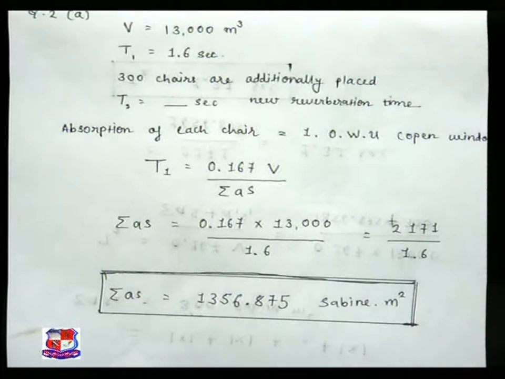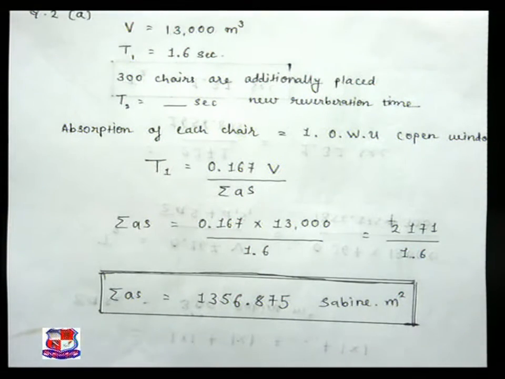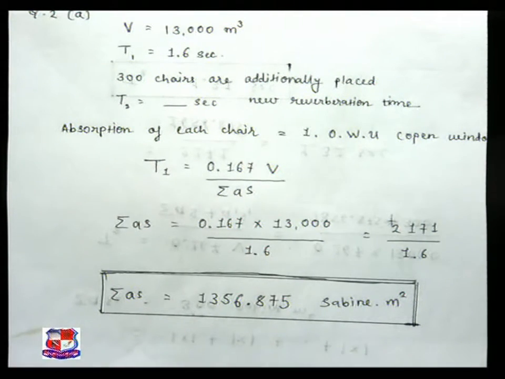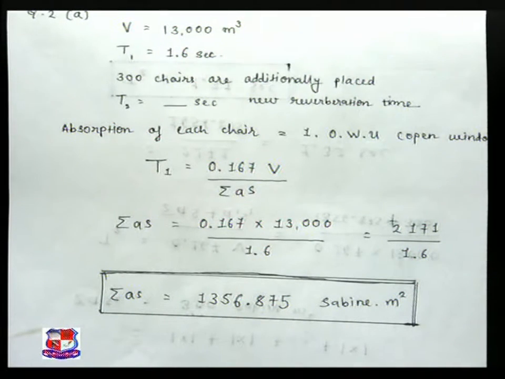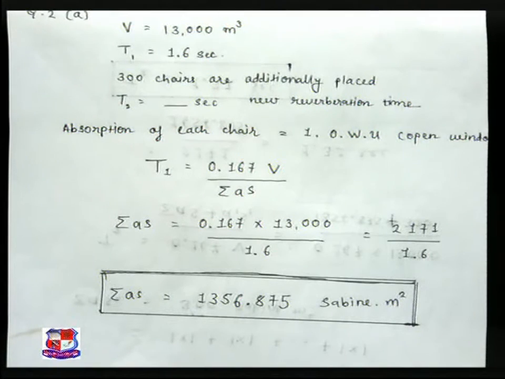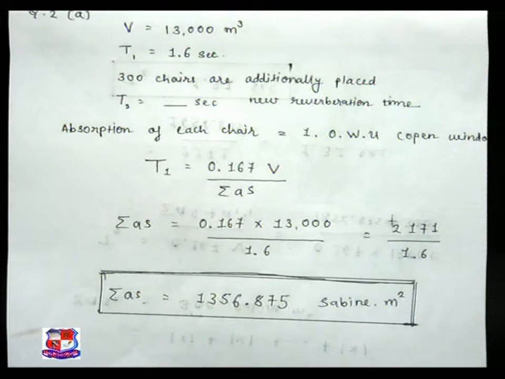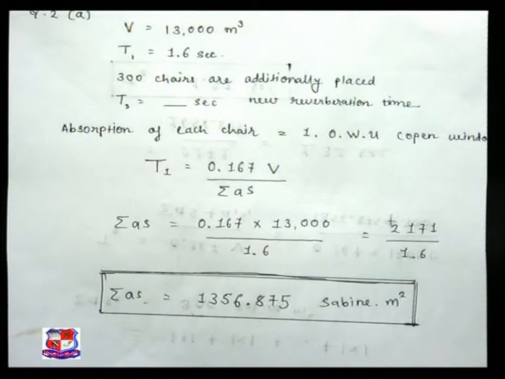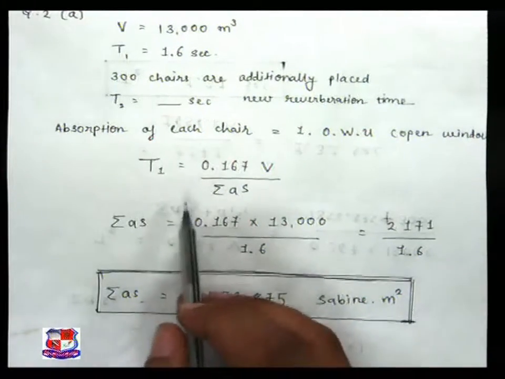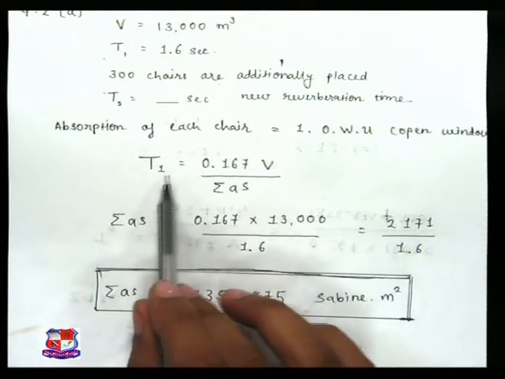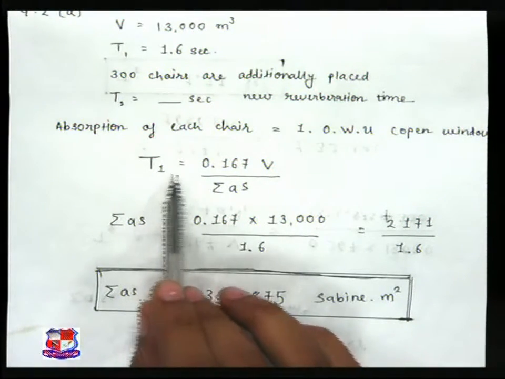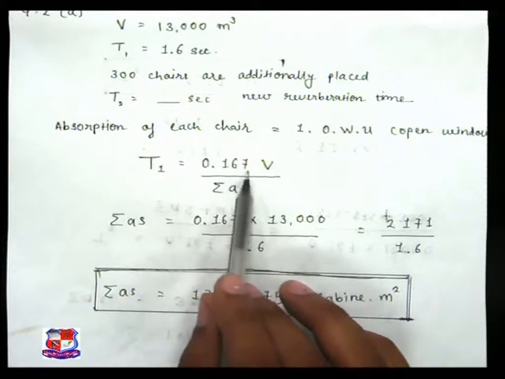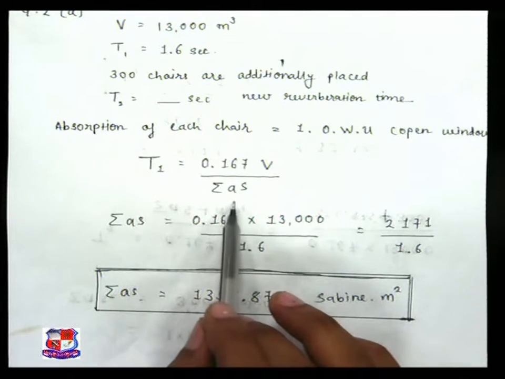So the new reverberation time will be T2. Here T1 is the old reverberation time, that is 1.6, which is equal to 0.167 V upon summation of AS.